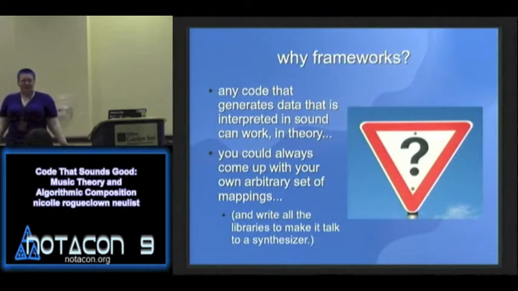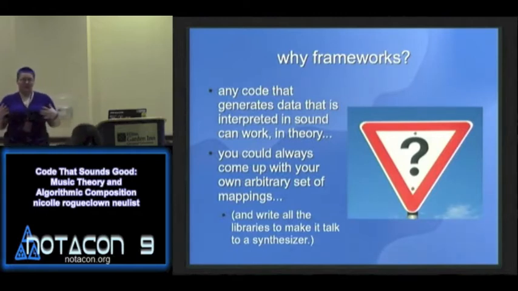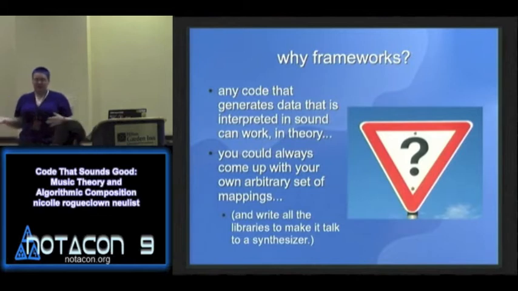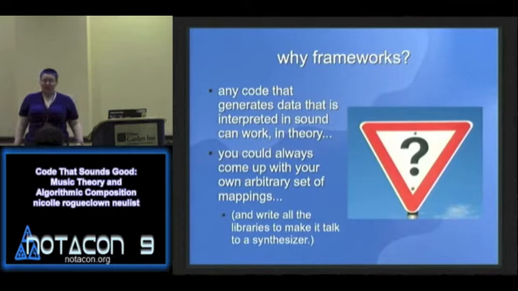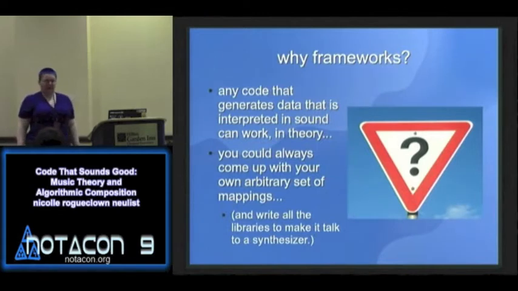But it's not going to be very portable. You're going to have to spend all of this time writing not only your front end, but also all of the libraries that are going to tell a synthesizer or a score editor or anything else how that's going to be played. Otherwise, you're going to be the only one who's able to play it, or you're going to have to give out the binary, give out everything. And that kind of sucks. I really didn't want to write all of that.